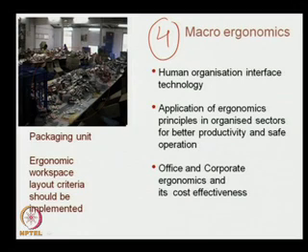In this packaging unit, the ergonomics workplace layout criteria should be implemented. Otherwise, this haphazard layout reduces the productivity and creates uneasiness or reduces the efficiency of people to work here.